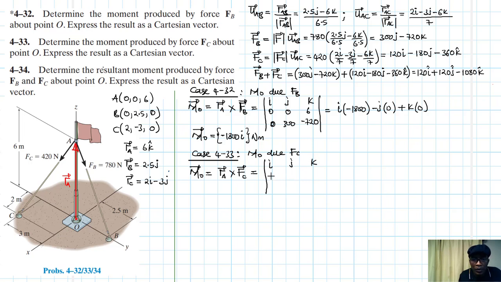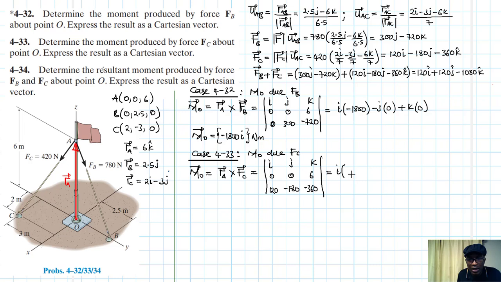Okay, so we have 0, 0, 6. What is FC? FC is 120 and minus 180 and minus 360.